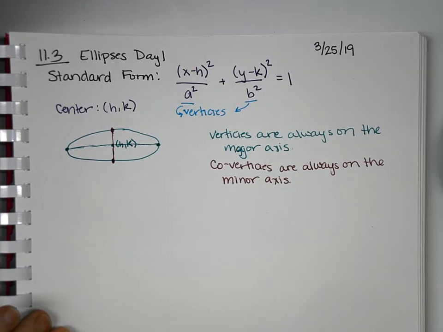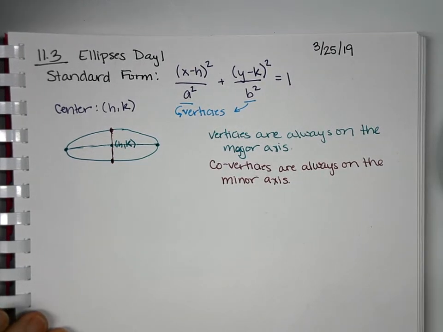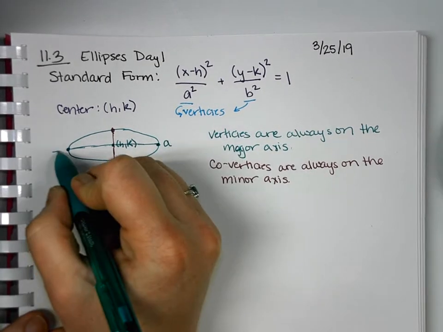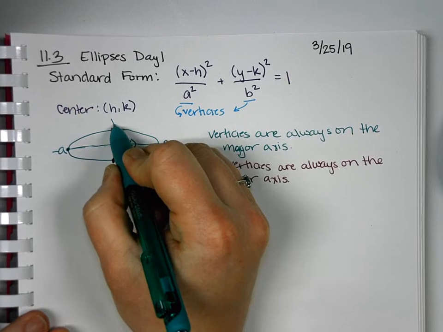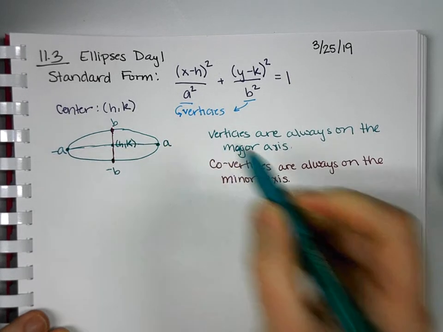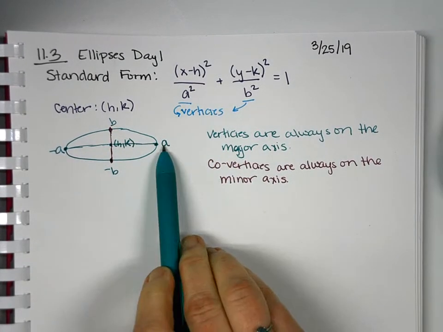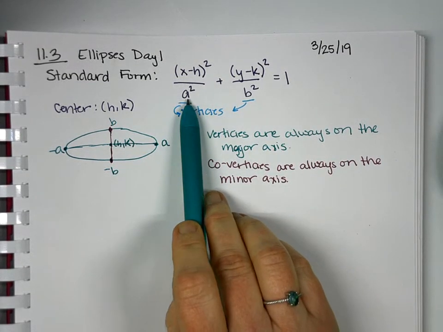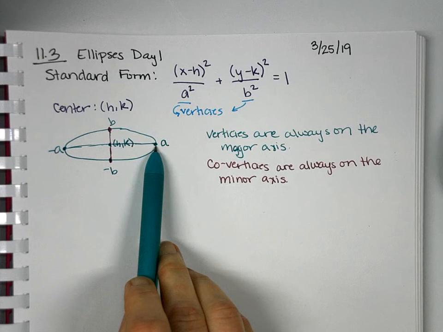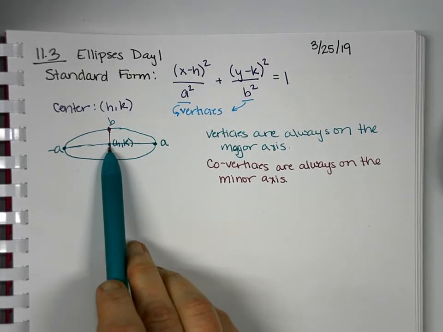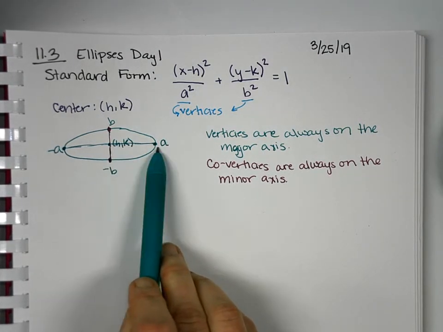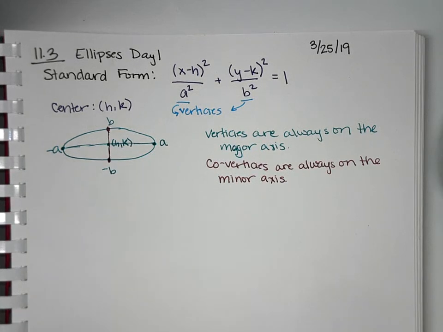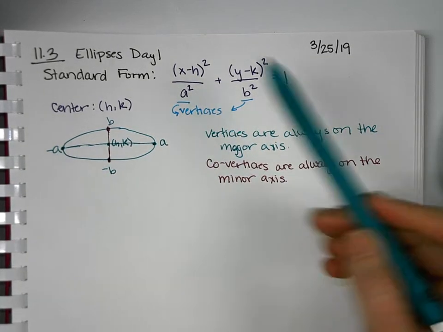And so if we look at our vertices, in this case, this is A and negative A. This is B and negative B. So A and B, A here, we would take the square root of our denominator, so the square root of a squared. That will give us the distance between our (h, k) and our vertex, and then go the opposite direction to get the other one.